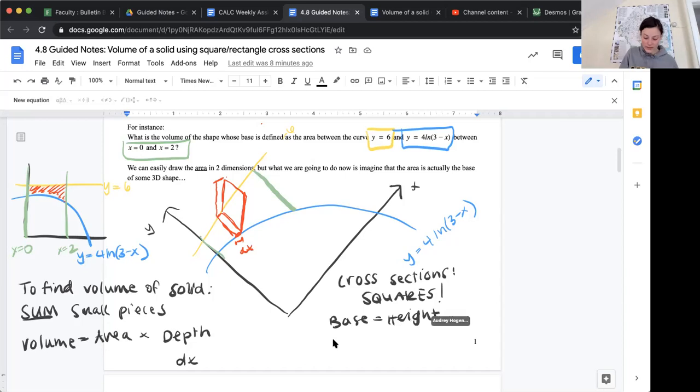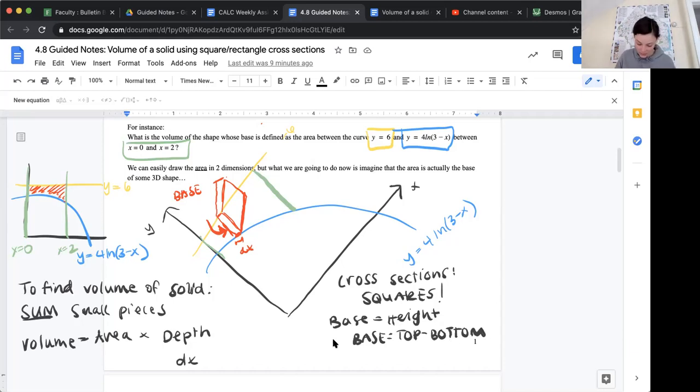Now let's look at the base of our square. Here is the base of our square. It is the line that goes from the top curve to your bottom curve. So the base is equal to top minus bottom, something that we are already familiar with, okay?